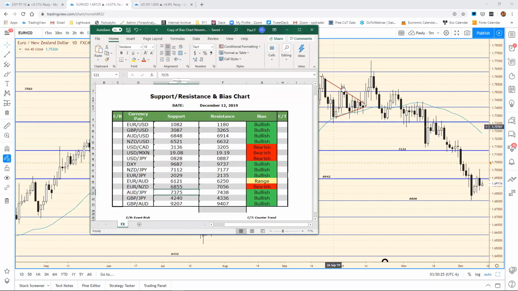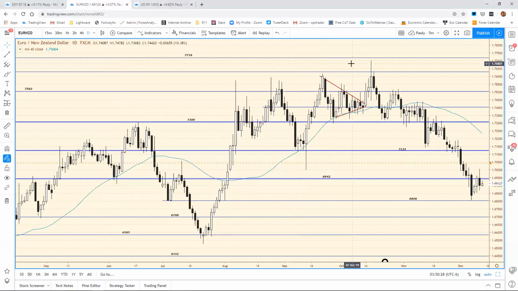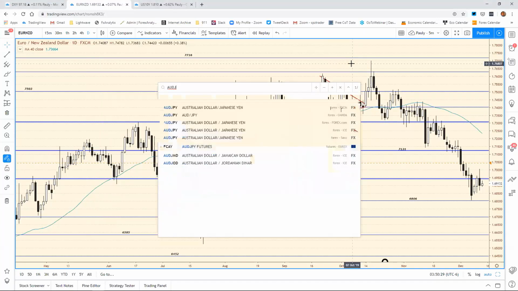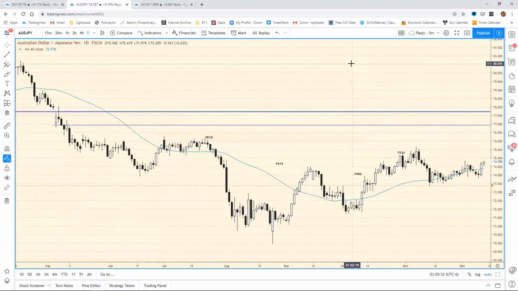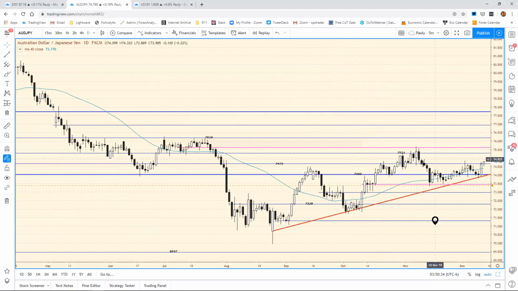Let's move into the Aussie yen. And we are seeing the Aussie yen finally break out. Finally, some movement after being such a quiet market. And we've been holding this trend line here. Upside resistance is going to be right there, 75.35.